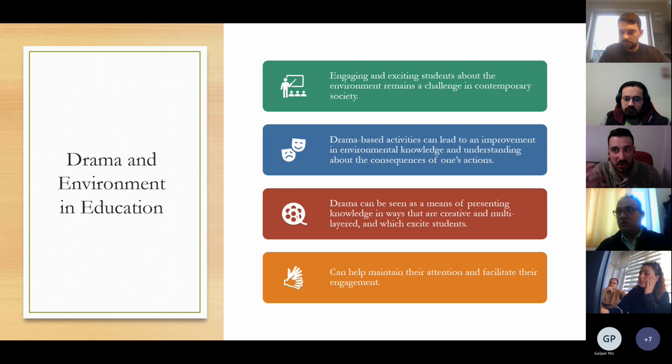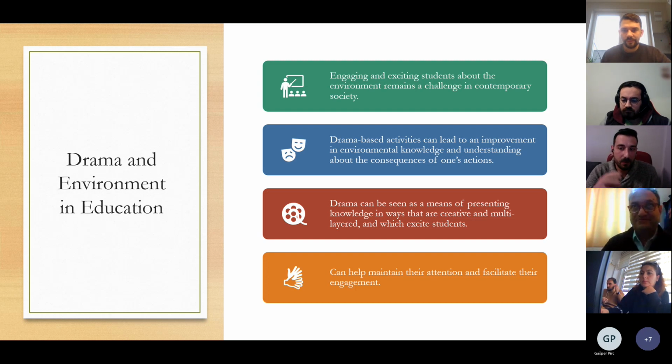Lots of students, not all of them, but at least many of them, are not that interested in environmental education in contemporary society, unfortunately. Specific case studies have provided both quantitative and qualitative evidence for drama-based activities leading to an improvement in knowledge about the environment and understanding of the consequences of one's actions.